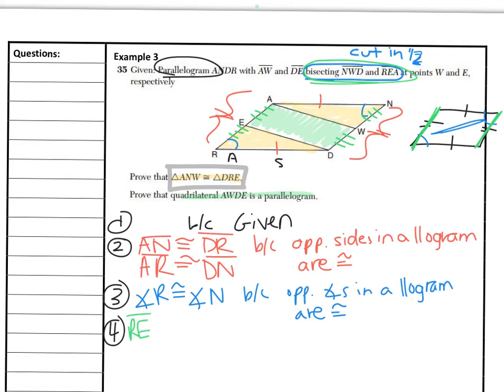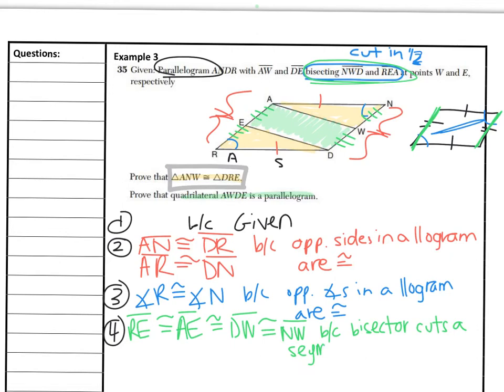So we'll start with RE is congruent to AE, which is congruent to DW, and that's congruent to the last one, NW. And this is because a bisector cuts a segment into equal parts or into halves or something along that line.